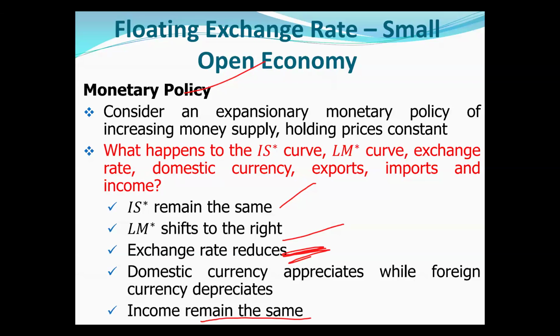So whenever there is an expansionary monetary or expansionary fiscal policy, the domestic currency appreciates, but the foreign currency depreciates. Income remains the same. True or false? All right. So that's that.